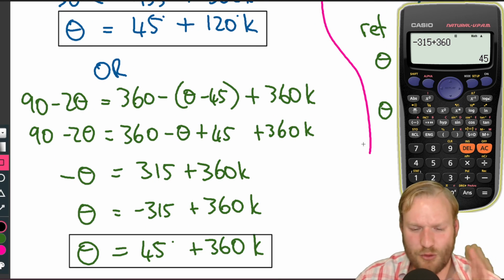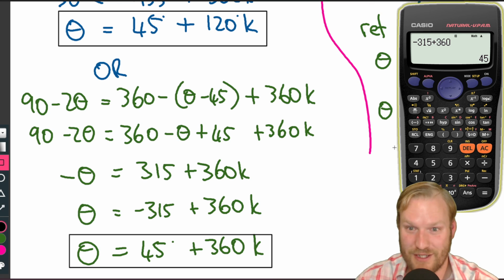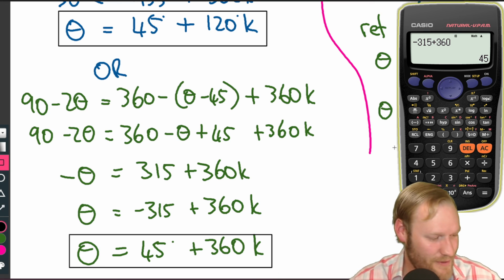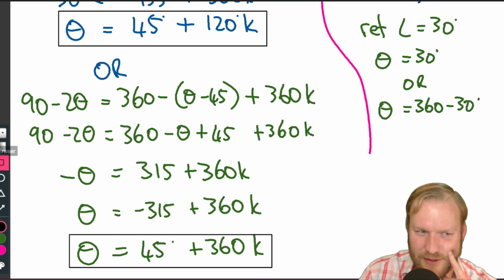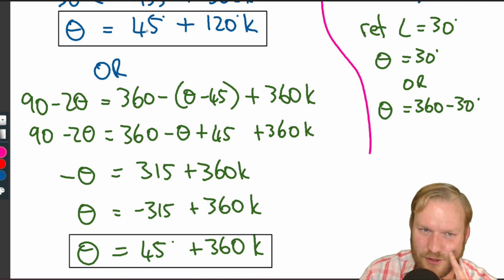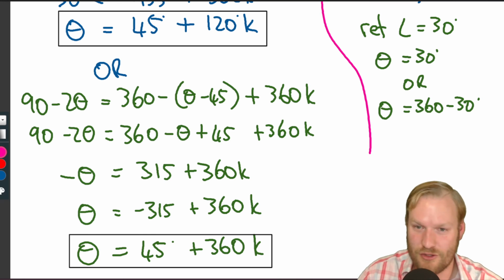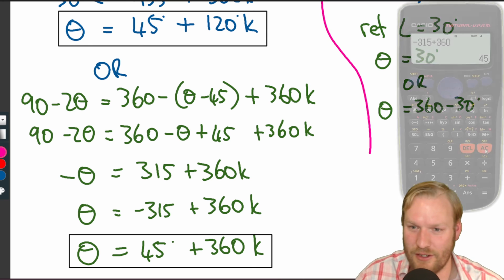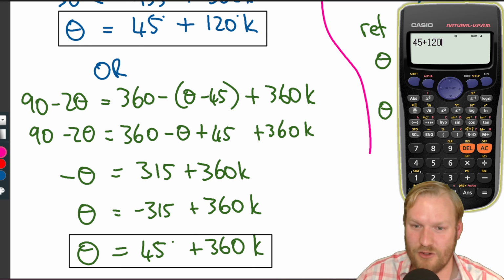Now, if we pause for a second and look at these, 45 plus 120k and 45 plus 360k, they're half saying the same thing. If we've got 45 and we add 120, where's our next solution? Plus another 120, and plus another 120.